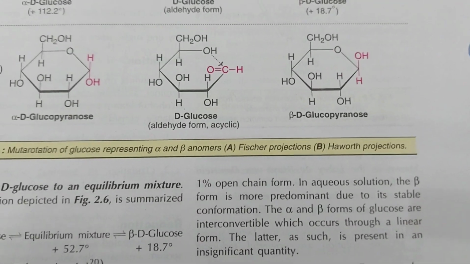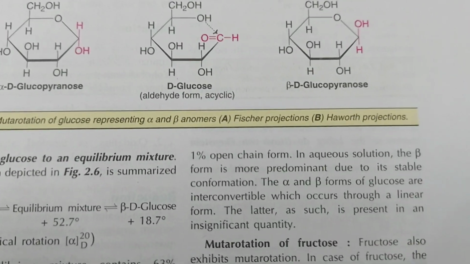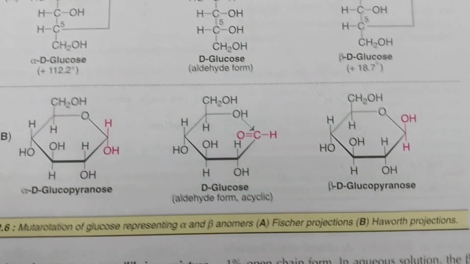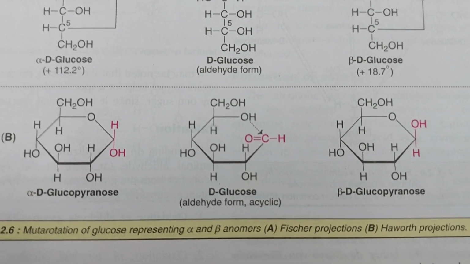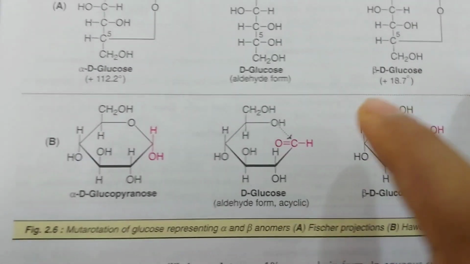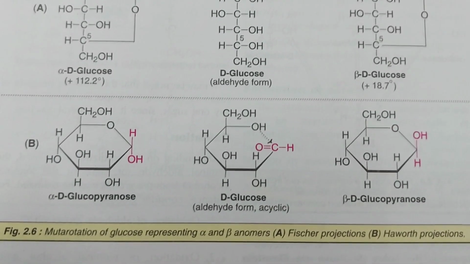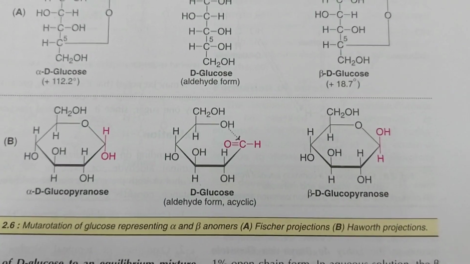These are the different forms of glucose. The important monosaccharide is glucose, and glucose remains in these various forms in nature. Thank you all.